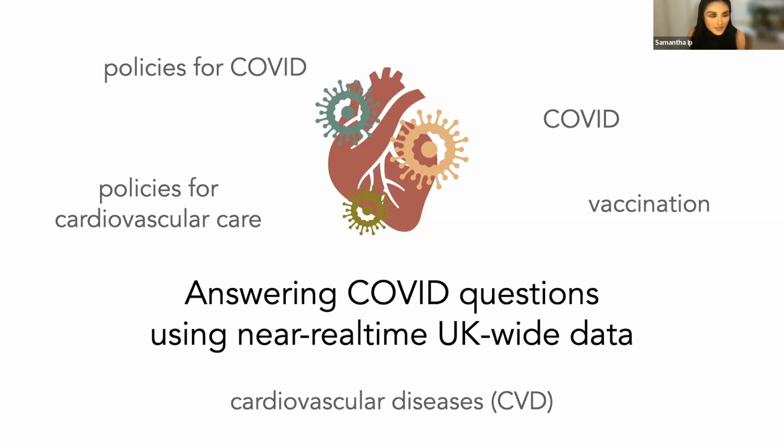For example, you might expect a dramatic drop in the number of people going to hospital with heart attack and stroke, or patients might be arriving too late for acute treatments that could otherwise really help them and prevent further complications, for example, clot removal.